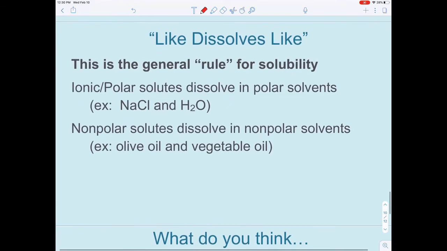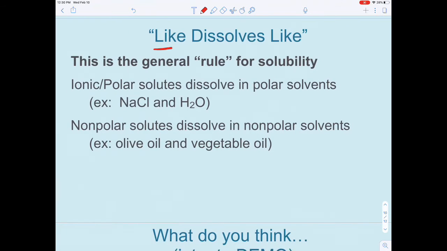So what determines if something dissolves or not? Well, we like to use this rule in chemistry: like dissolves like. So what that means is similar substances will dissolve in the same thing. So ionic and polar solutes dissolve in polar solvents. The main one, of course, being water. Okay? So salt will dissolve in water because they both have charges. Nonpolar substances will dissolve in nonpolar solvents.